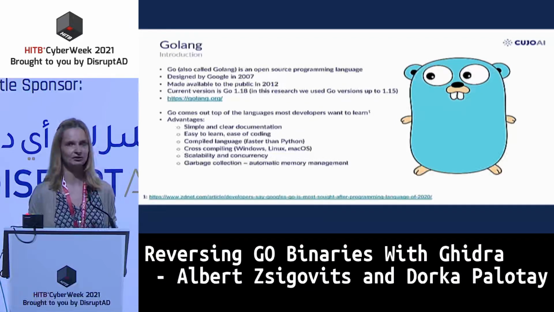Probably the biggest advantage of this language for malware developers is the cross-compiling feature of Go. You don't have to maintain different code bases for Linux, Windows, Mac, and whatever. You just have one code base, and then you can compile it for the different architectures that you want to use. This is very useful for botnet families.